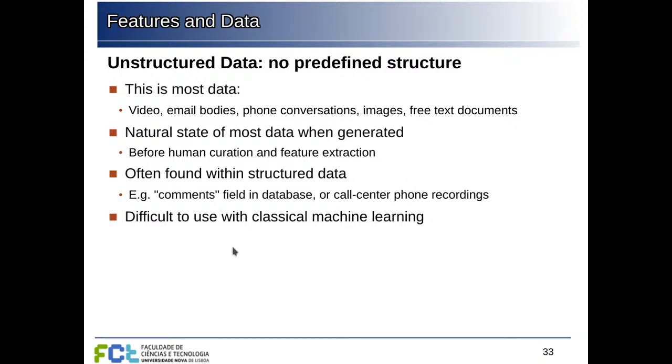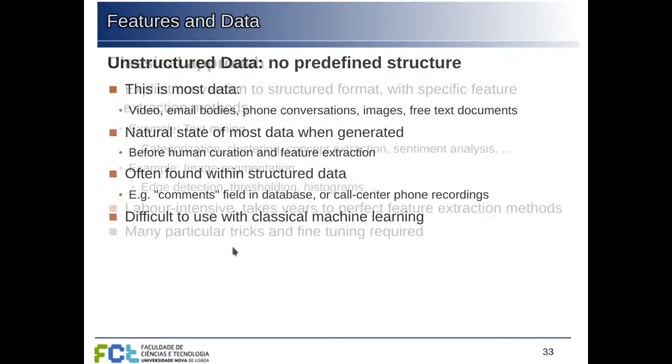And the kind of features we can extract manually will probably be very generic, like computing the entropy of the image or how much red, green, and blue it has, some things like that. So this is very difficult to use with classical machine learning, unstructured data, because it requires a lot of work on the part of humans to extract the appropriate features before trying to train a model.